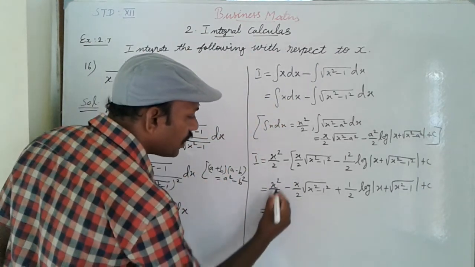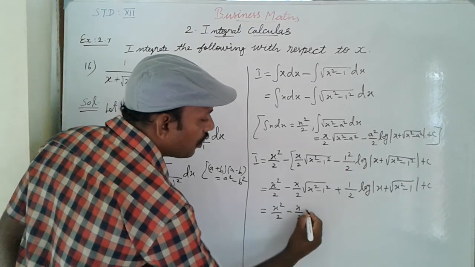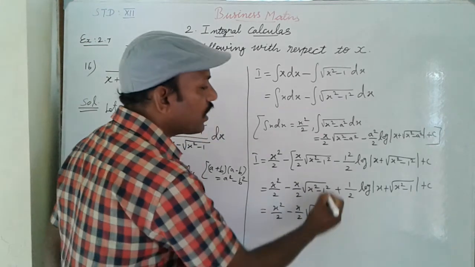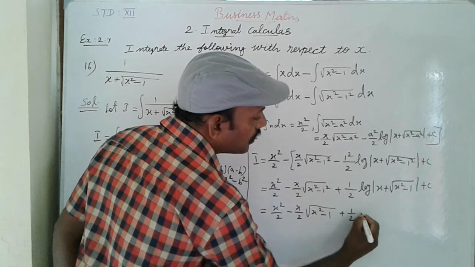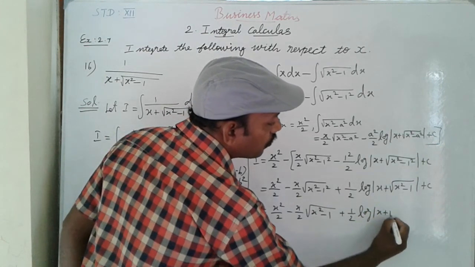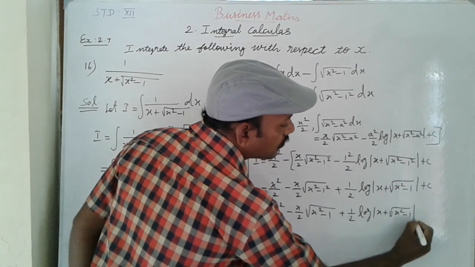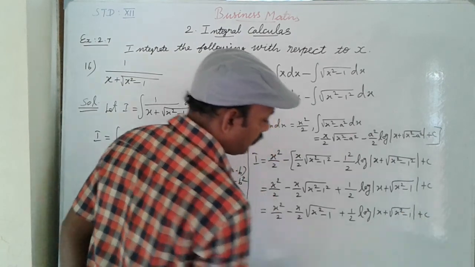Write in the form x square divided by 2 minus x by 2 root of x square minus 1 plus 1 by 2 log modulus x plus root of x square minus 1 plus c. That's all.